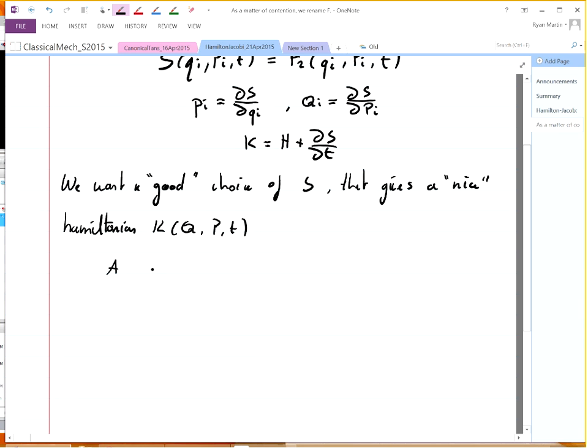So a good choice is to make K equal to 0.